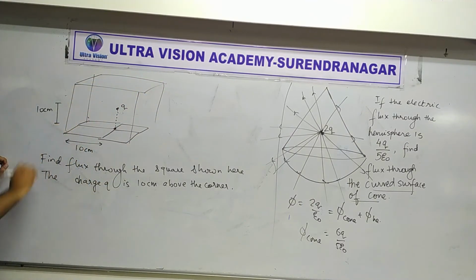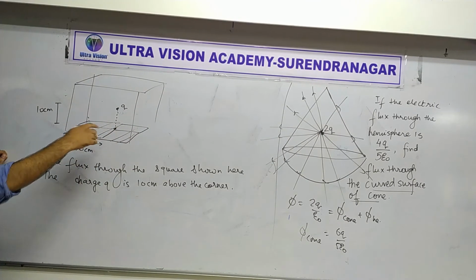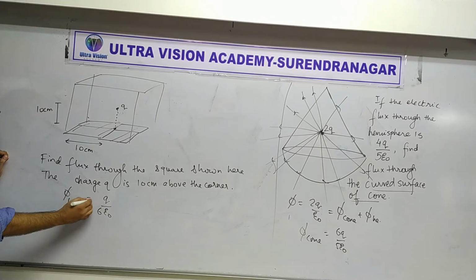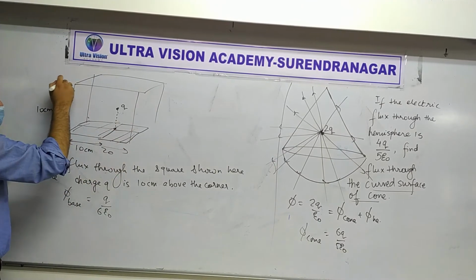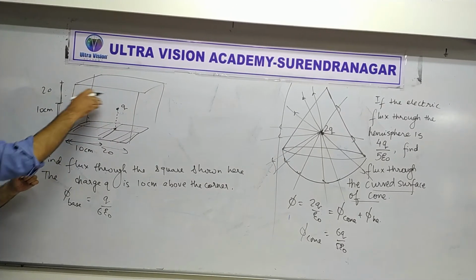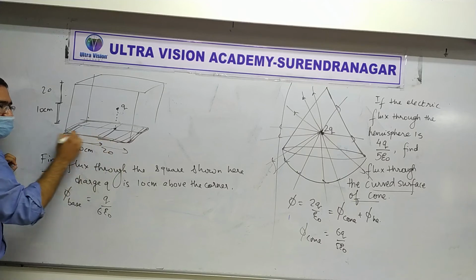So now for this entire base, the flux will be Q by 6 epsilon 0, yes or no? This side length is 20, vertical will be 20 total, so this becomes a cube. This will come exactly at the center. A cube has 6 faces and this is right at the center, so flux is equally divided in 6 faces. So for all of this square, how much is the flux?